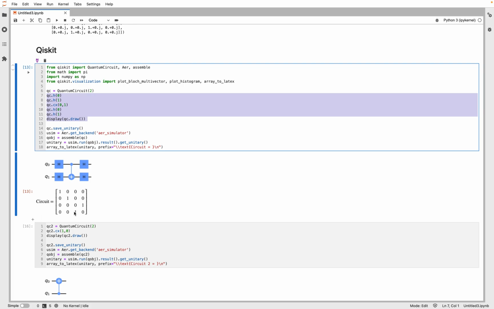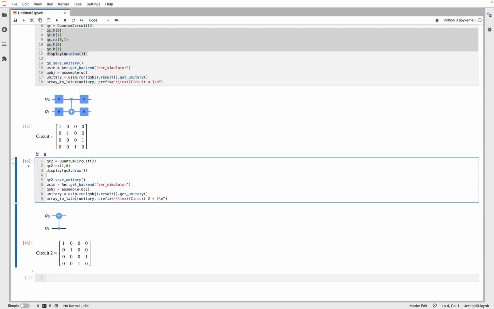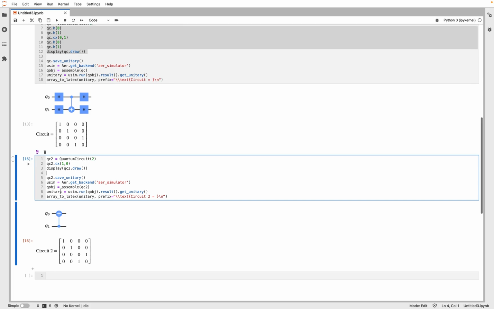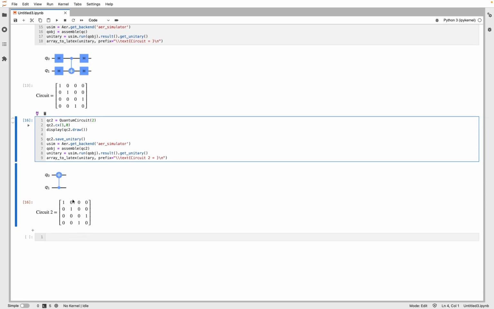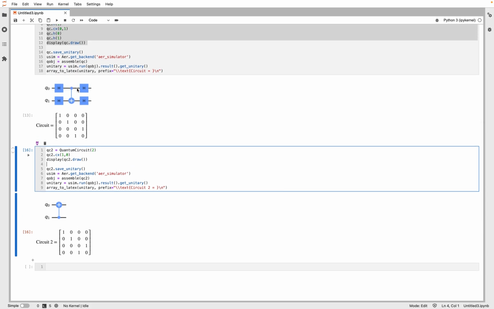We get 1 1 1 1 here, and we can also take a look at another circuit with the reverse CNOT with the control at the second qubit, and the target at the first qubit, and then we print out the unitary of this circuit, and it turns out to be exactly identical. So this circuit is the same as this circuit, and the main reason behind it, as we said before, is due to the phase kickback effect.